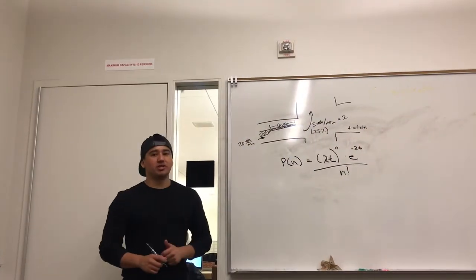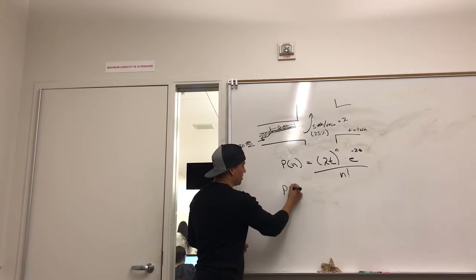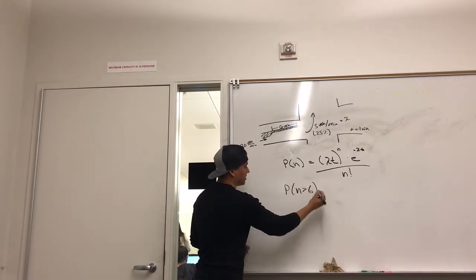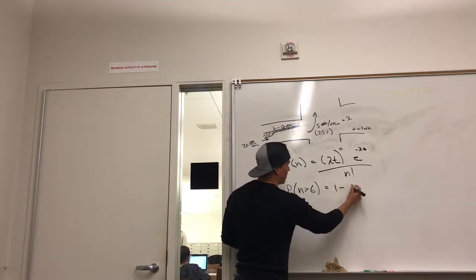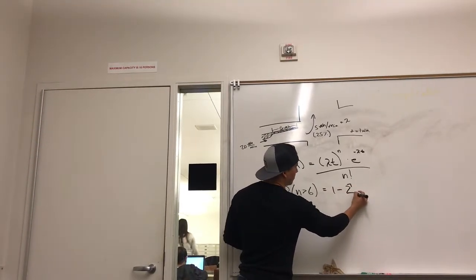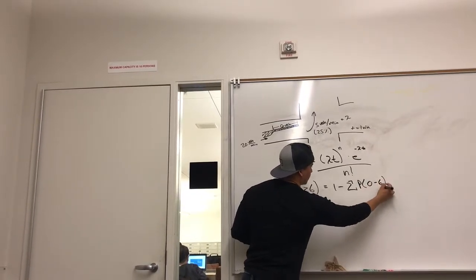So the probability of spillback to occur would be Pn greater than 6. And to figure this out, we would do 1 minus the sum of the probabilities from 0 to 6.